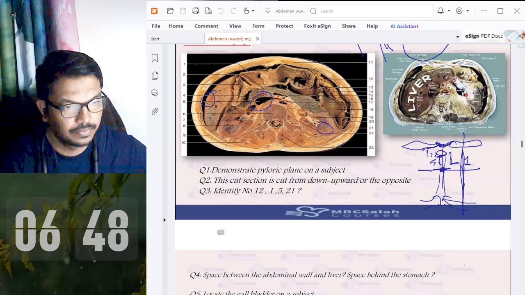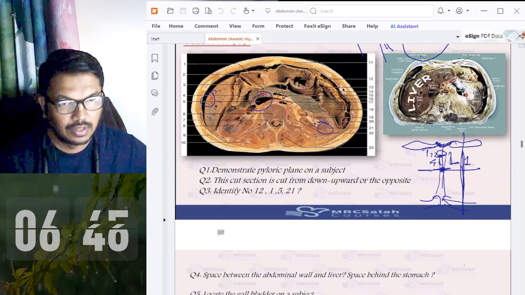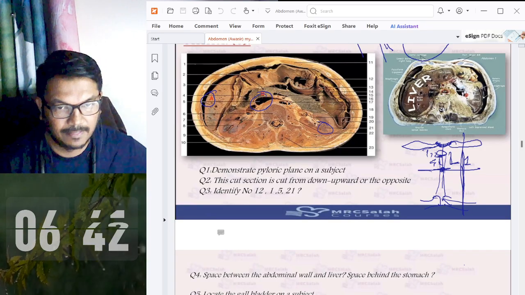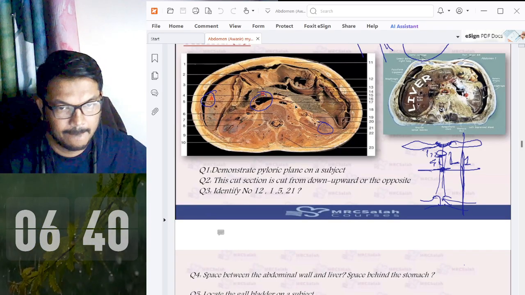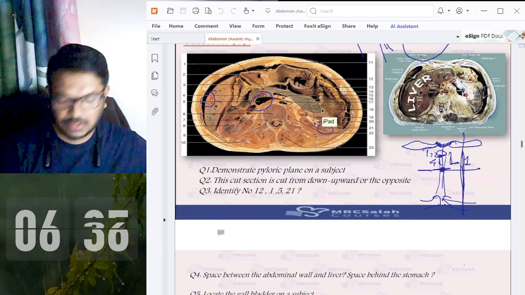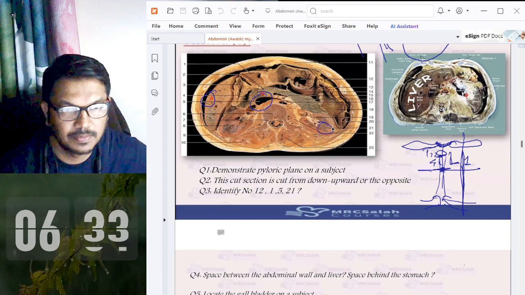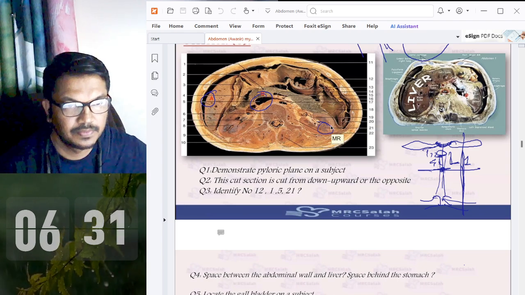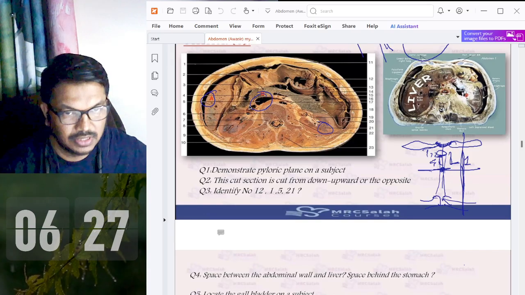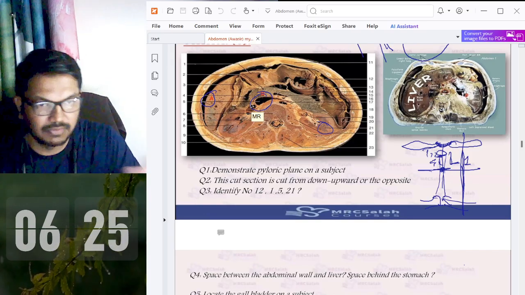Okay. And you can see this section. This section is at which level? Sorry, this picture has been taken at which vertebral level?